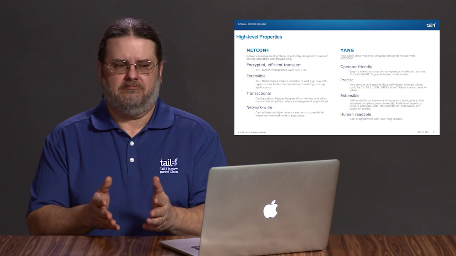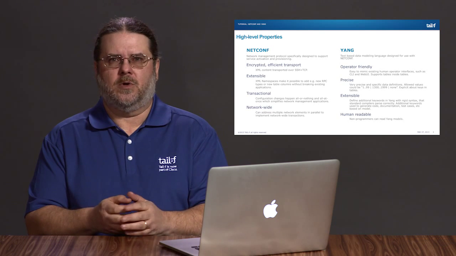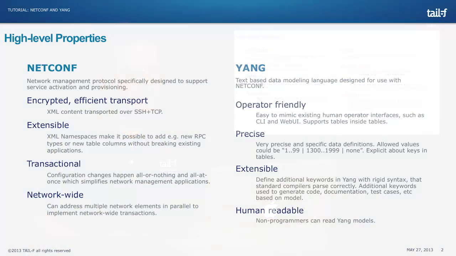So, at a high level, what is NETCONF? What is YANG? So NETCONF is a modern network management protocol. It's specifically designed to support service activation and provisioning, meaning it has features that are useful not just for configuration management of individual network devices, but has certain features that can be leveraged across multiple network devices for service activation and provisioning.